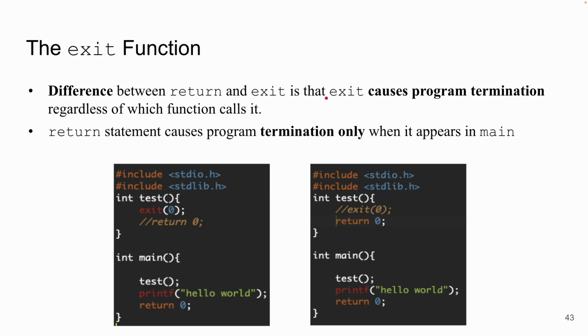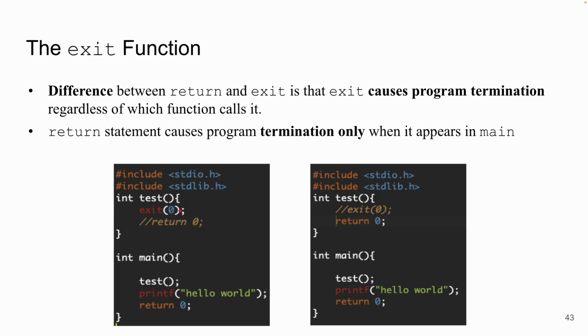The biggest difference between return and exit is that the exit function will cause program termination regardless of which function calls it, and a return statement only ends your program when it appears in the main function. So we can check out the two examples here.